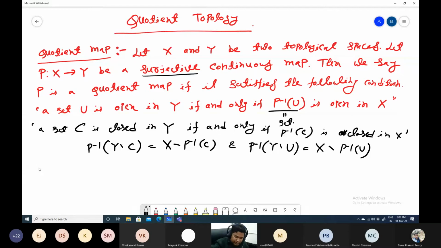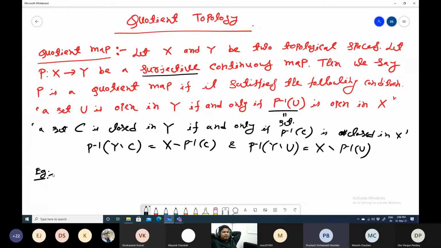Now example. Can you give me one quick example of a quotient map? Identity map from X to X. No, that is a trivial one. Just give any other example which is not too trivial.